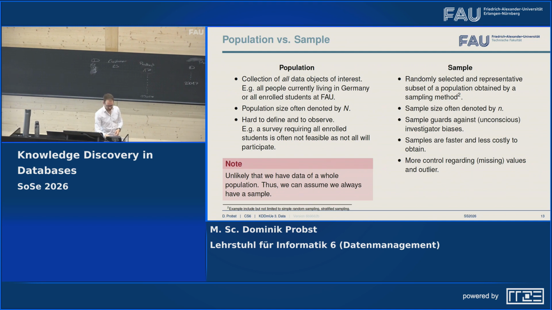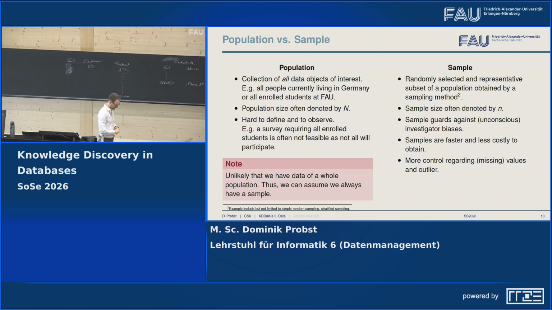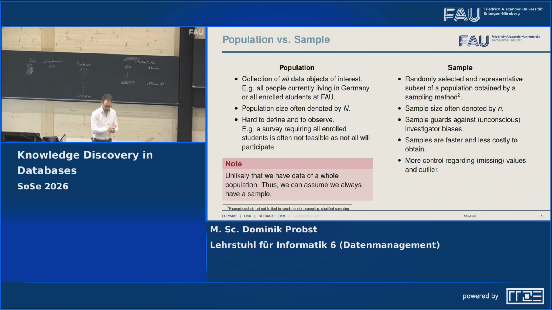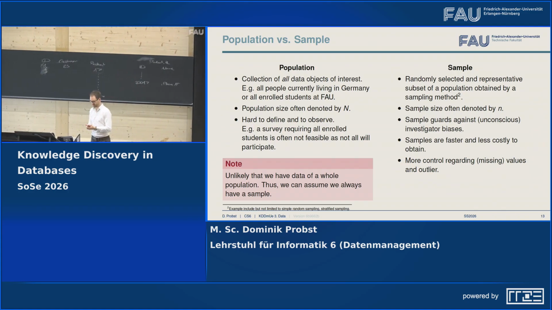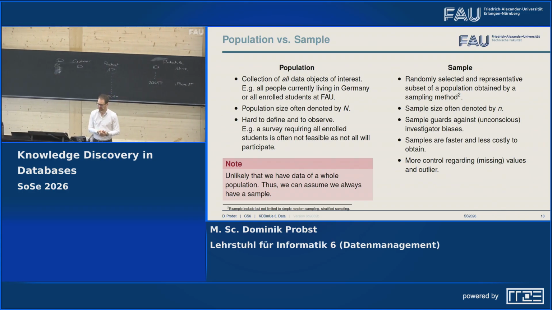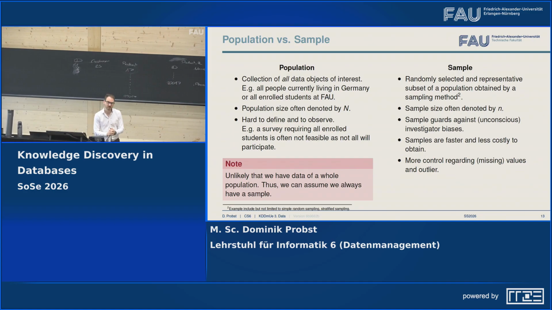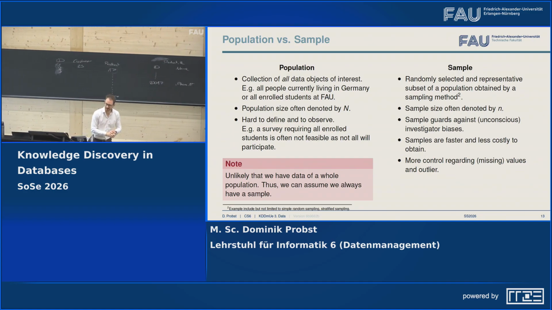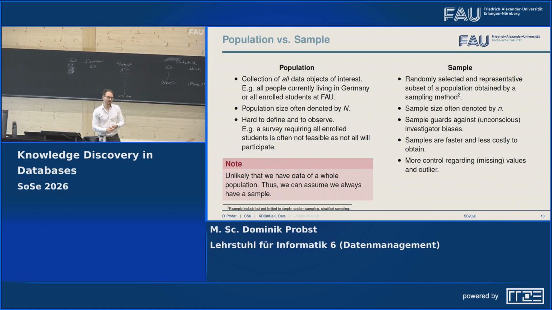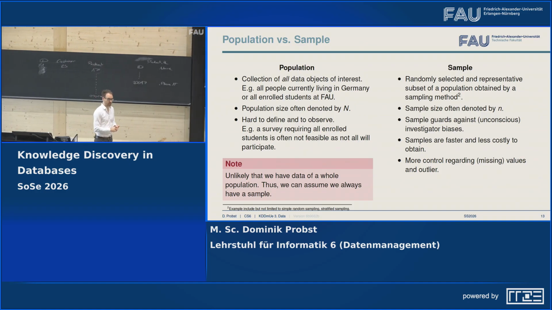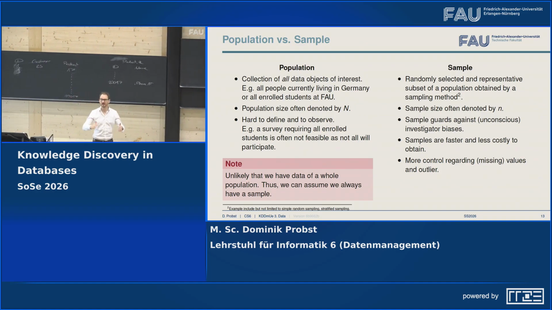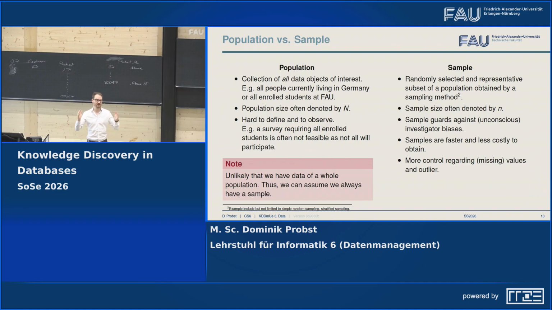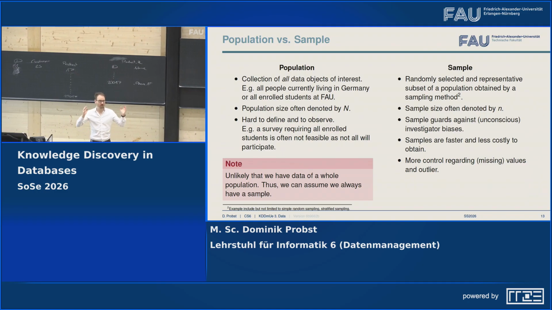Before we can get to the real statistical descriptions, we have to talk about an important distinction: population versus sample. If we're talking about a population, we are talking about every single data point in existence for the specific reason.